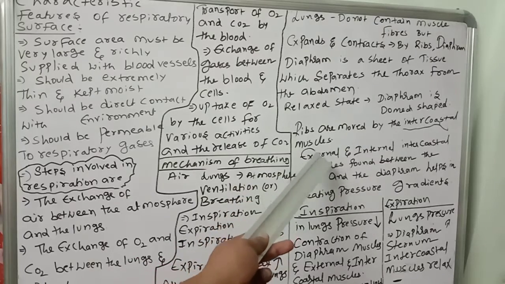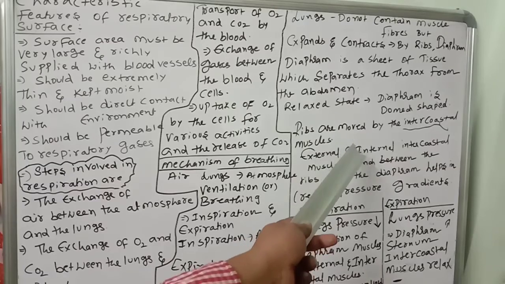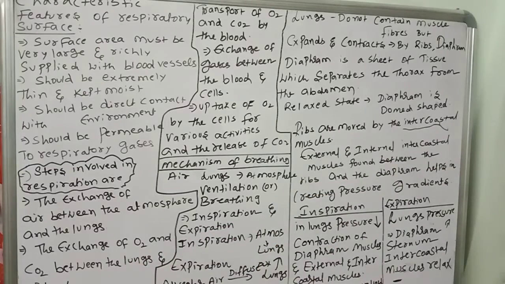These intercostal muscles divide into external intercostal muscles and internal intercostal muscles.